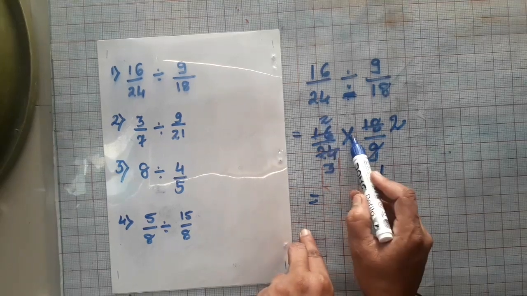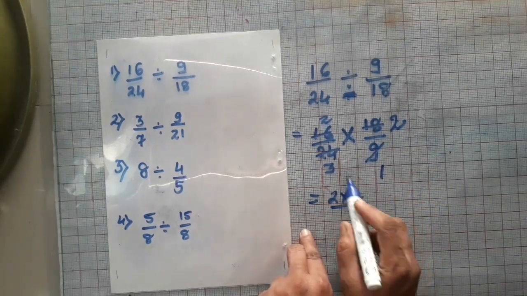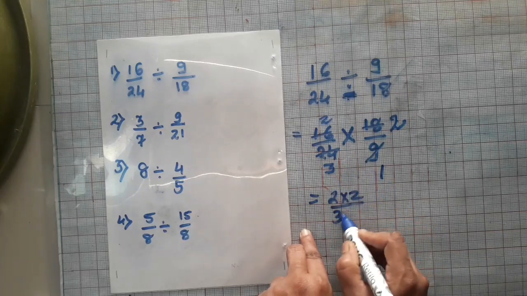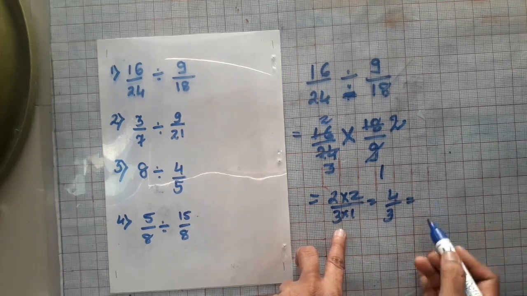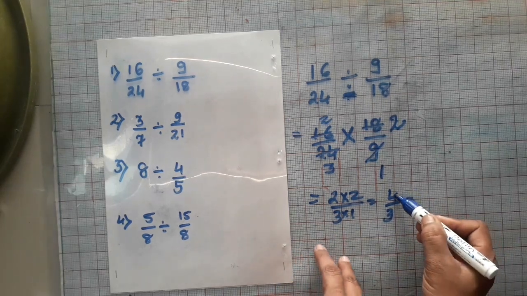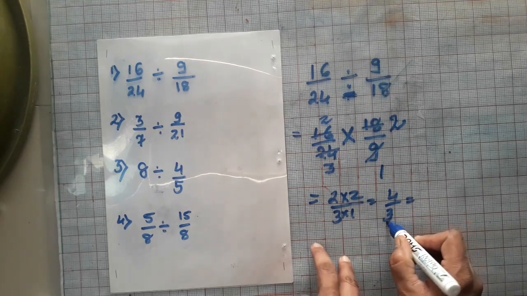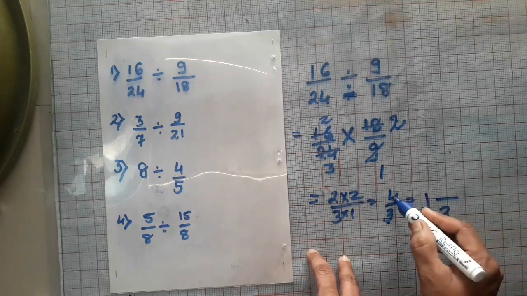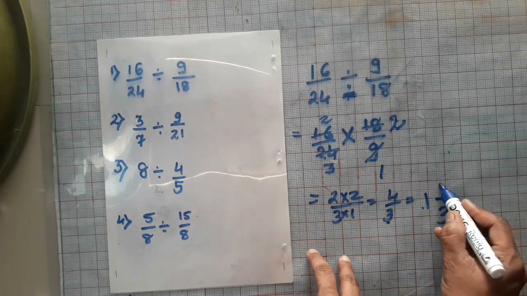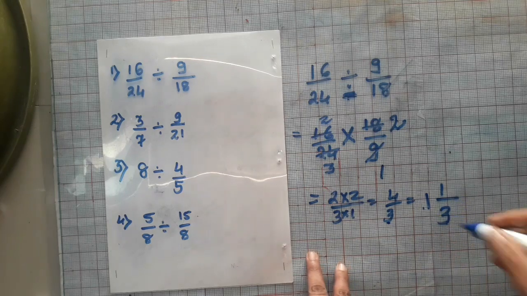That is 2 into 2 in the numerator, and in the denominator you have 3 into 1. That is you have it as 4 upon 3. Now as the numerator is bigger than the denominator, you have an improper fraction. So you need to convert it to a mixed fraction. So here 3 1s are 3 and 3 plus how much is 4? So 1. So here the answer is 1, 1 by 3.